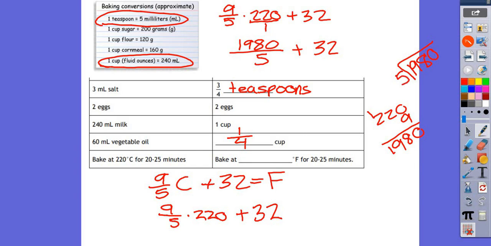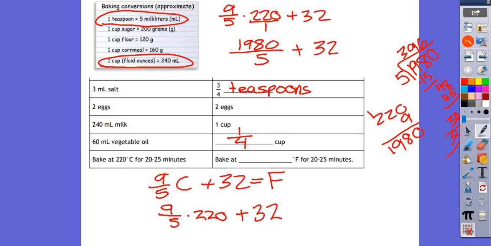Can 5 go into 1? No. Can 5 go into 19? How many times? 3 gives me 15. What's 19 minus 15? 4. Bring down my 8. 5 into 48. How many times? 9. What is 9 times 5? 45. I got 3 left over. Bring down my 0. Can 5 go into 30? 6 times. 6 times 5 is 30.